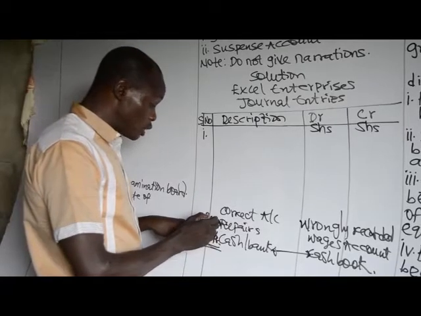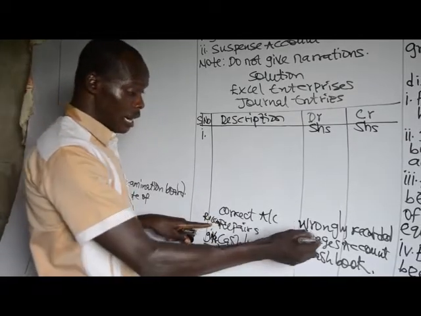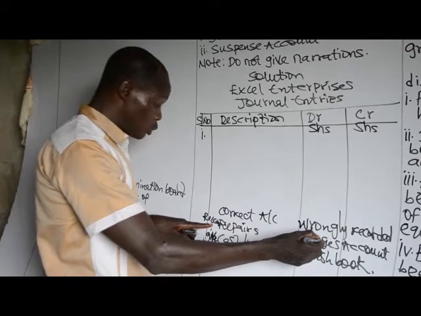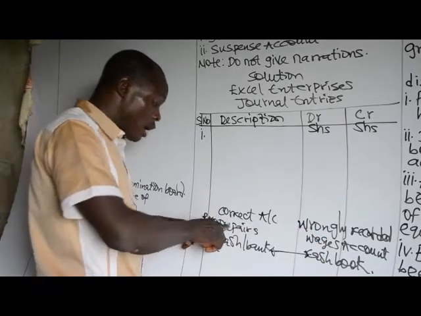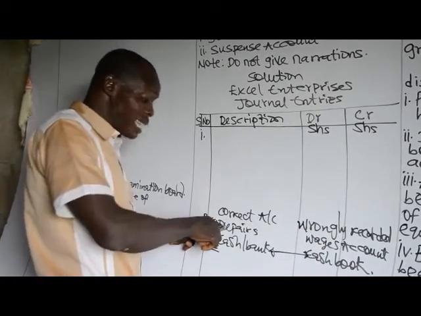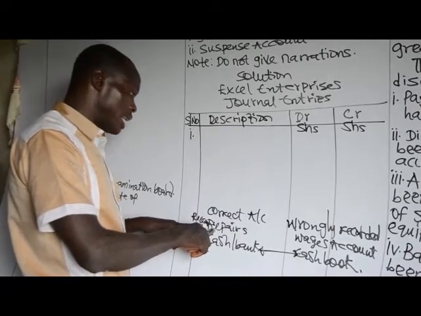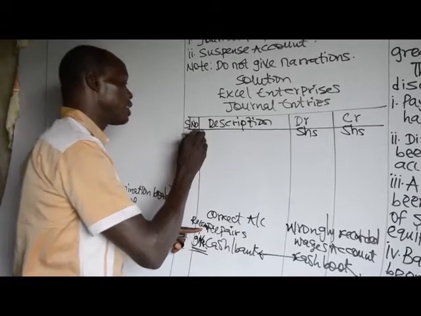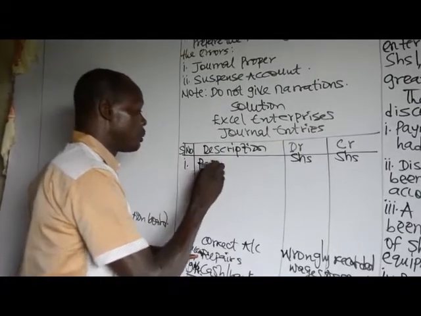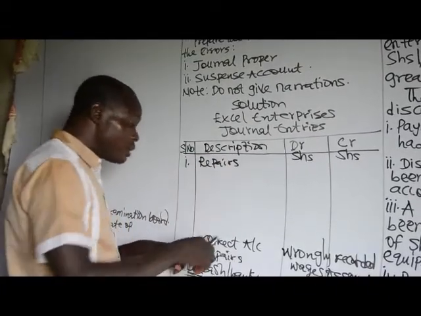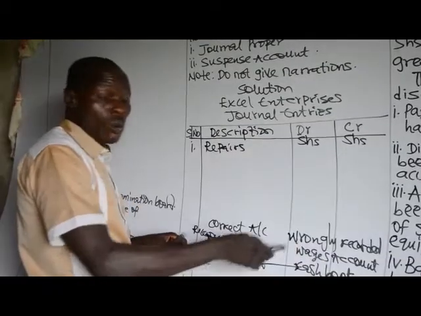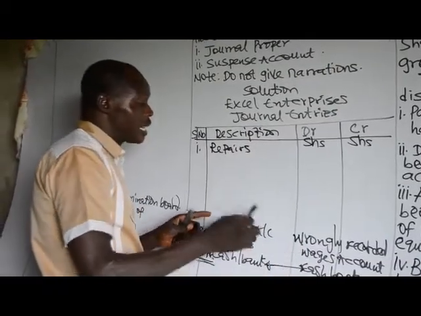But instead of debiting repairs account, you debited wages. So what you will do is to record it in the repairs account. You debit the repairs account that is supposed to be debited, which has not been debited earlier. But the wages account, which has wrongly been debited, you now credit it.